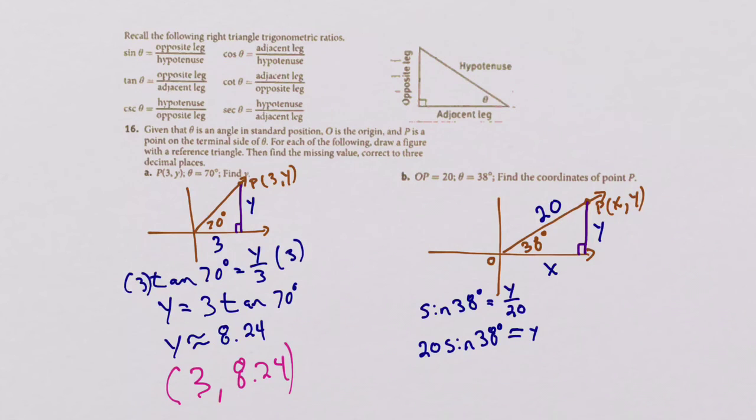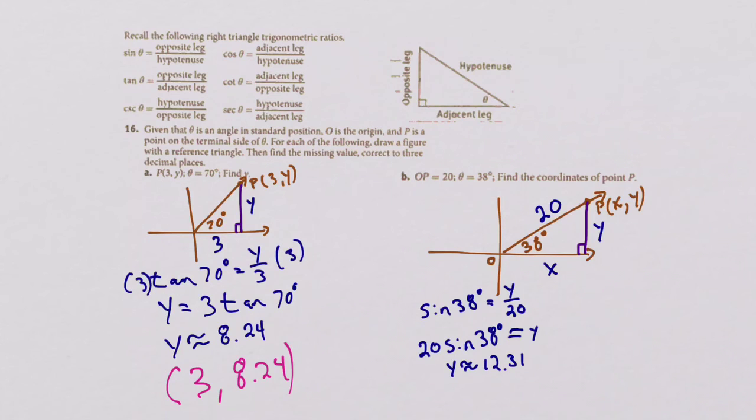Once you put it in the calculator, once again, make sure you are in the correct mode, because 38 degrees is something significantly different than 38 radians. Your y value is going to be approximately 12.31 units.